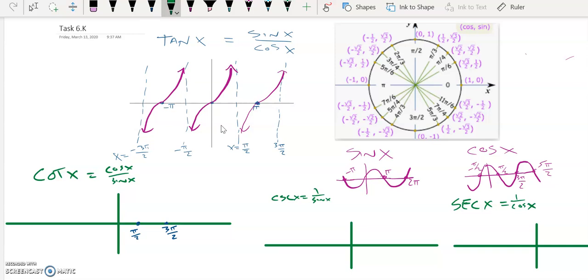Sine x is 0 at 0 and pi, and then at 2 pi. And so we're going to have an asymptote on the y-axis, or y-axis at 0. We're going to have one at pi, and one at 2 pi, and we're going to have another one, etc., out here.